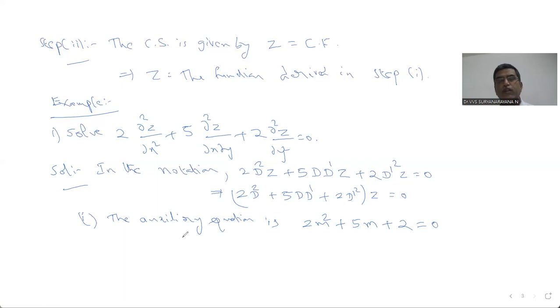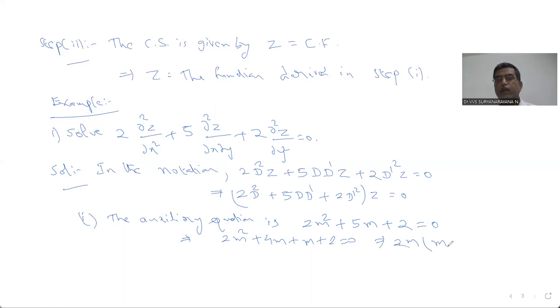Now, this is a second order equation. So can you solve this? Yes. 2 2's 4 and 4 into 1 is 4, 4 plus 1 is 5. So we can write this as 2m^2 plus 4m plus m plus 2 equal to 0. From the first two, we can take out 2m as common.